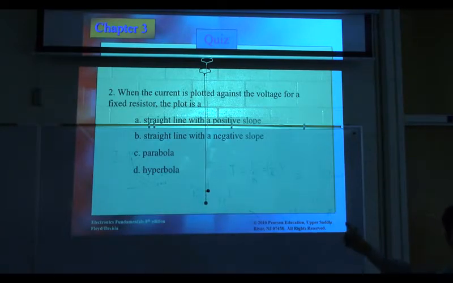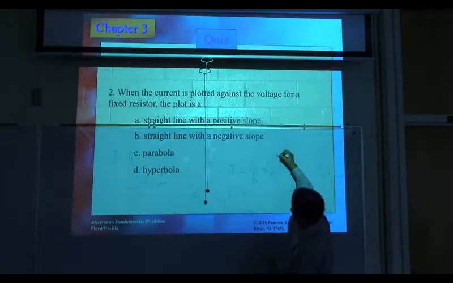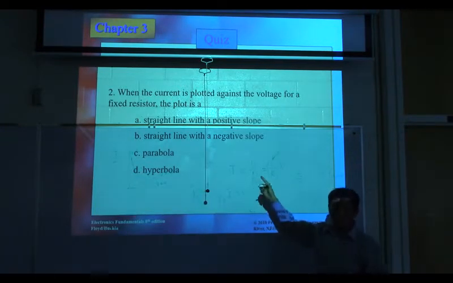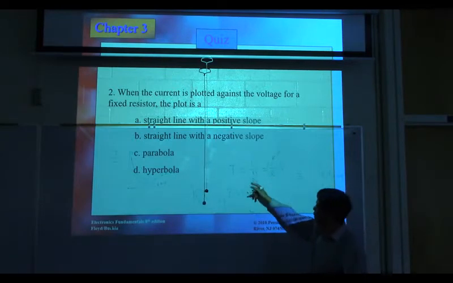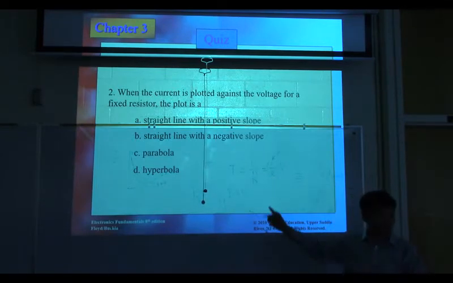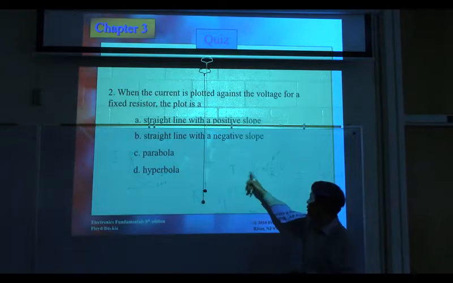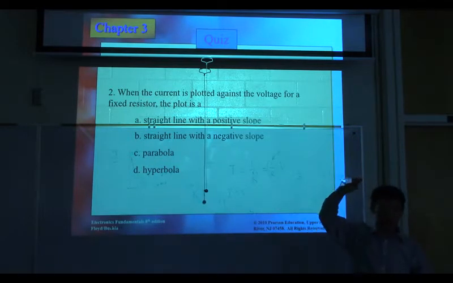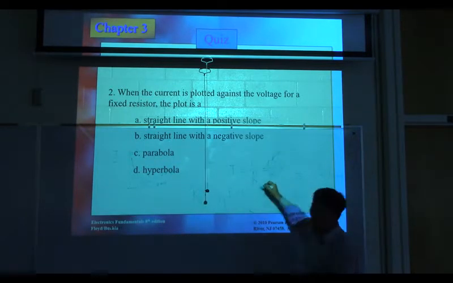What do we call that 1 over R in here? This is the slope, 1 over R. In math class, it's called slope because y equals kx. But here, we know that it is 1 over R.